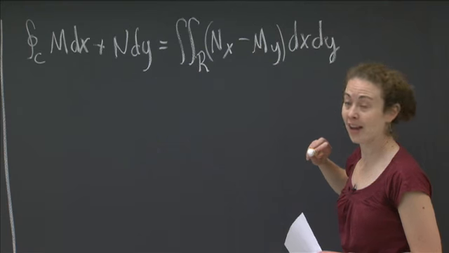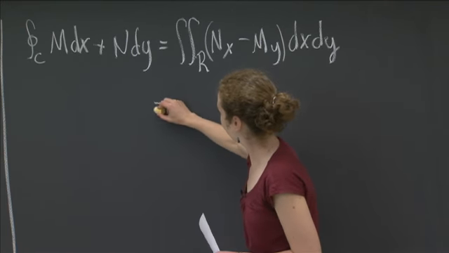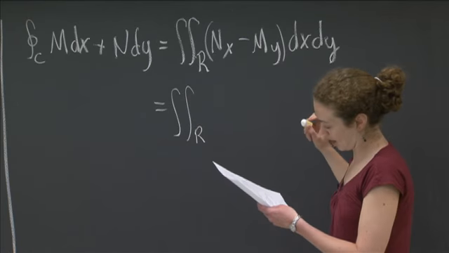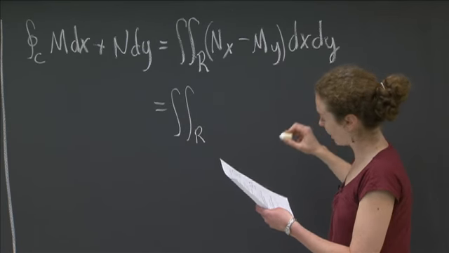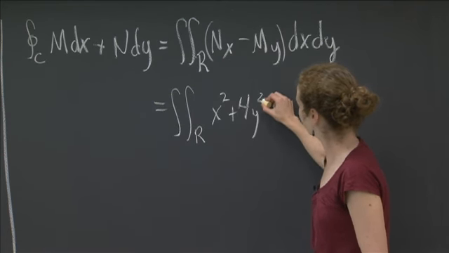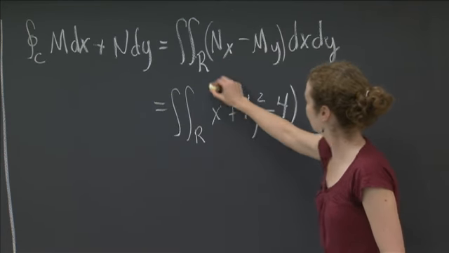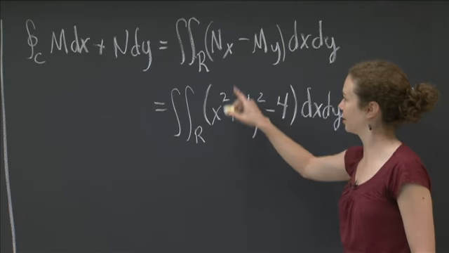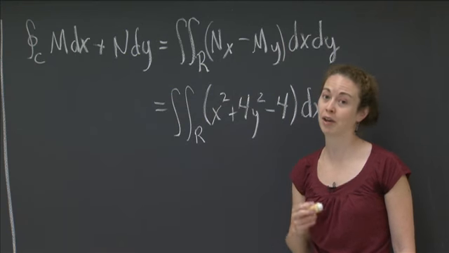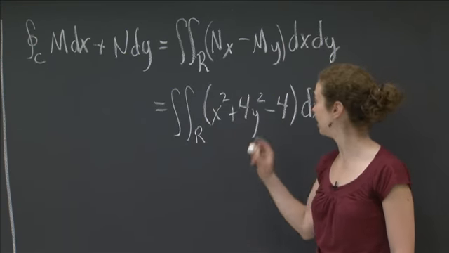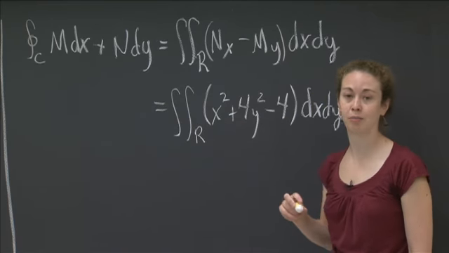With the m and n that we have, n sub x minus m sub y is equal to x squared plus 4y squared minus 4, dx dy. You can compute that yourself: take the derivative of n with respect to x, subtract the derivative of m with respect to y, you get a little cancellation, and you end up with this.